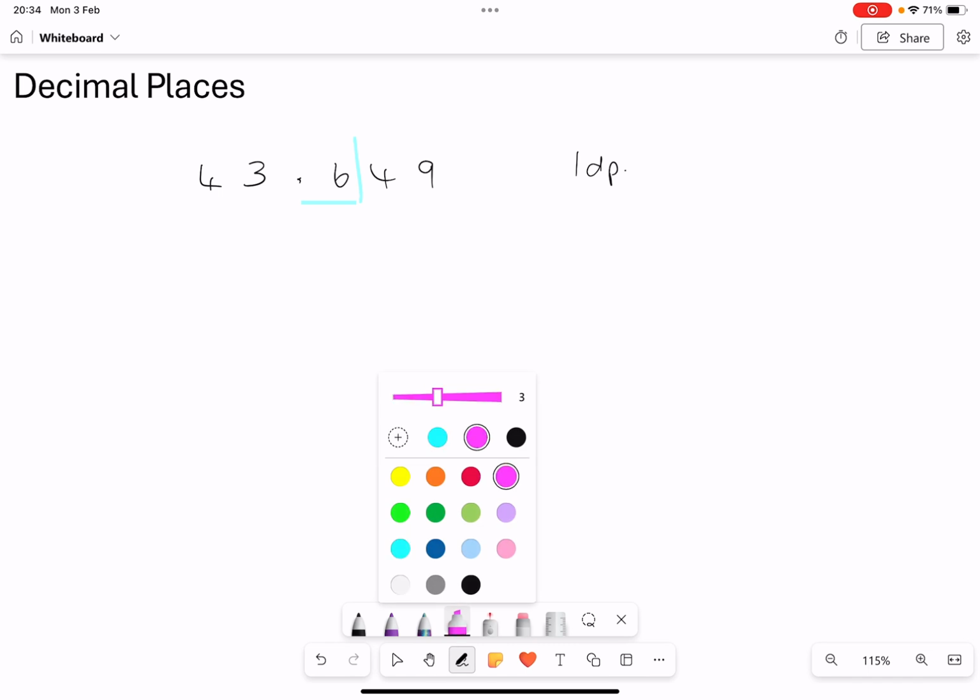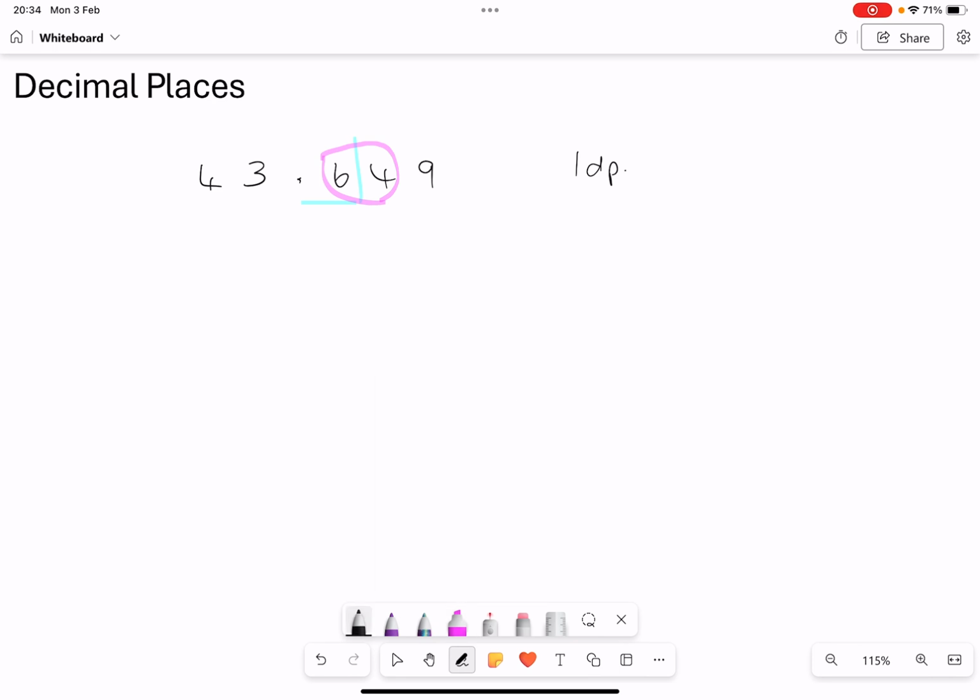But I'm still interested in that number and the one that follows it. My 43 stays the same because it's before the decimal. My 6 is followed by a 4, and even though the end number is a 9, we ignore it. We're not interested in anything beyond that 4. So my 6 is followed by a 4, which means it stays as a 6.